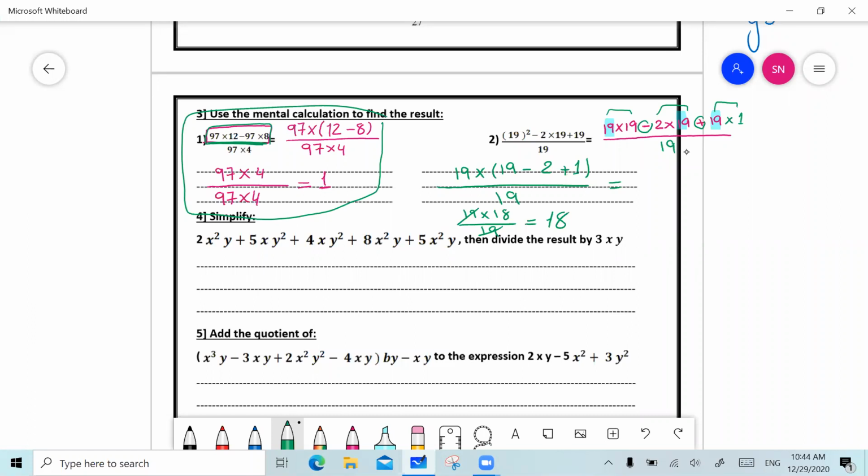The distribution property, I take out the number which is repeated times, open a bracket, the remaining numbers, 12 minus 8. So now it's 97 times 4 over 97 times 4. The regular distributive property that we take from primary 5.